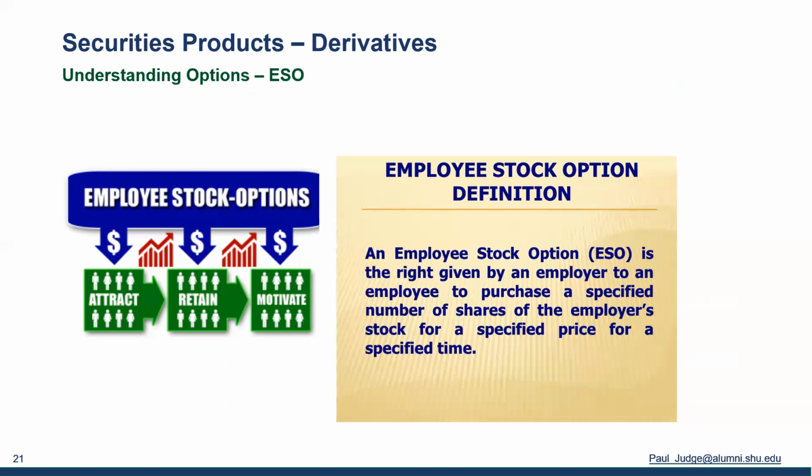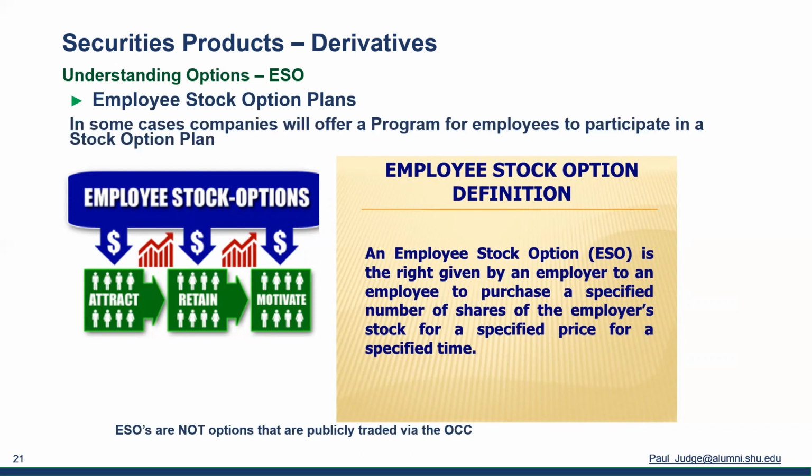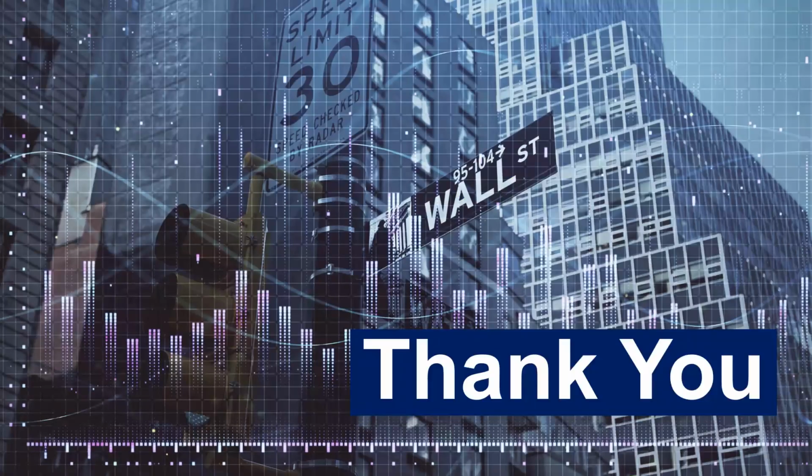If you remember, we did an earlier video on equities, and we talked about employee stock purchase plans and employee stock options. Employee stock options are not publicly traded options. They're not derivative products. So if you hear that term, it is not related to this topic. It doesn't go to the OCC.